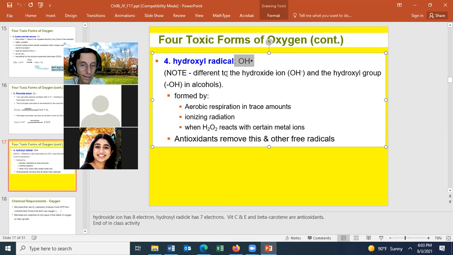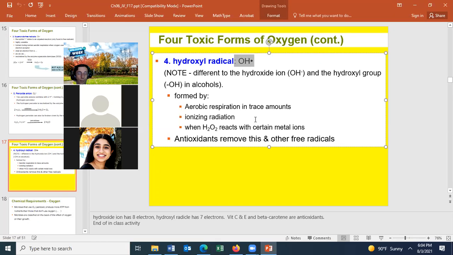And it's a good reason to eat vitamin C and vitamin E in your diet to remove these hydroxyl radicals. All right, any question about the 4 toxic forms of toxic oxygen?